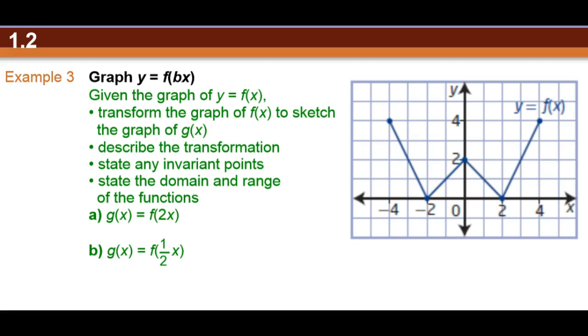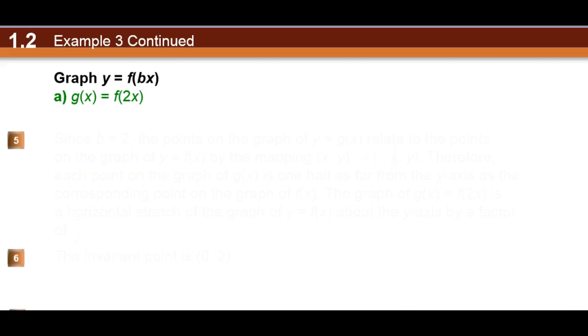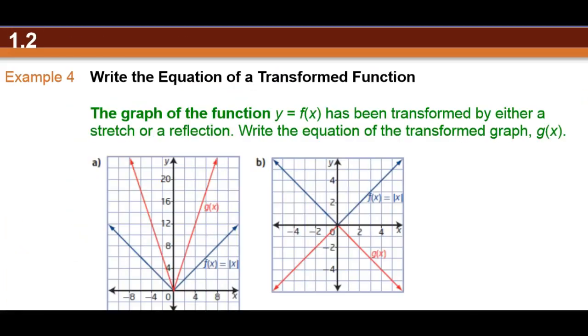Okay, and then our last example, example 4. Sorry, yours didn't print in color, but it labels which is f of x and which is g of x.